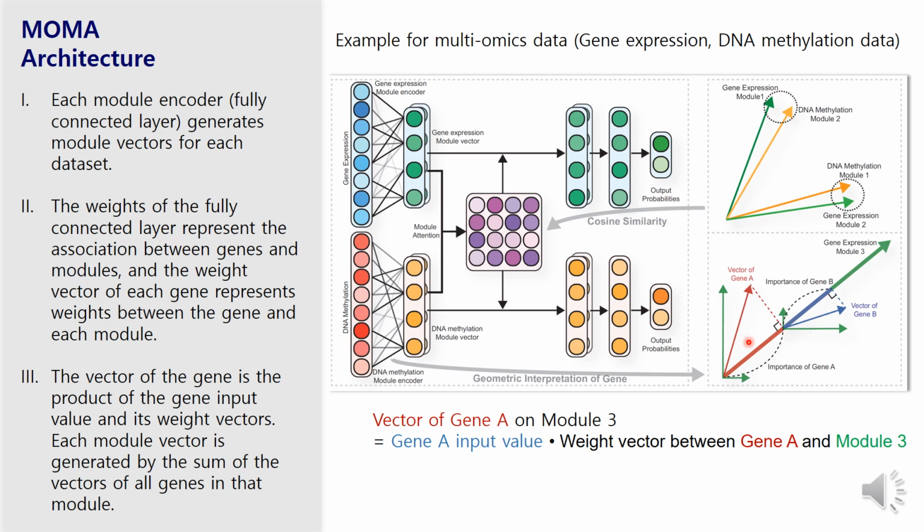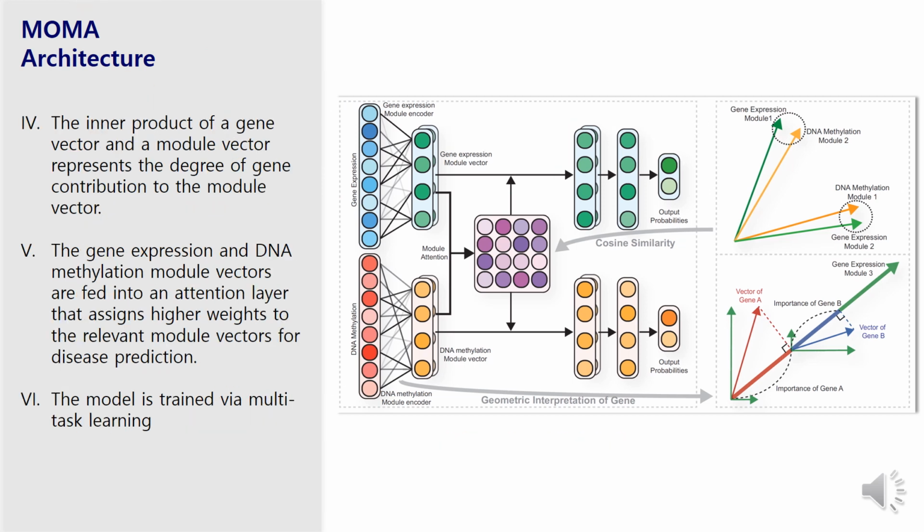Each module vector is generated by the sum of the vectors of all genes in that module. The inner product of a gene vector and module vector represents the degree of gene contribution to the module vector.